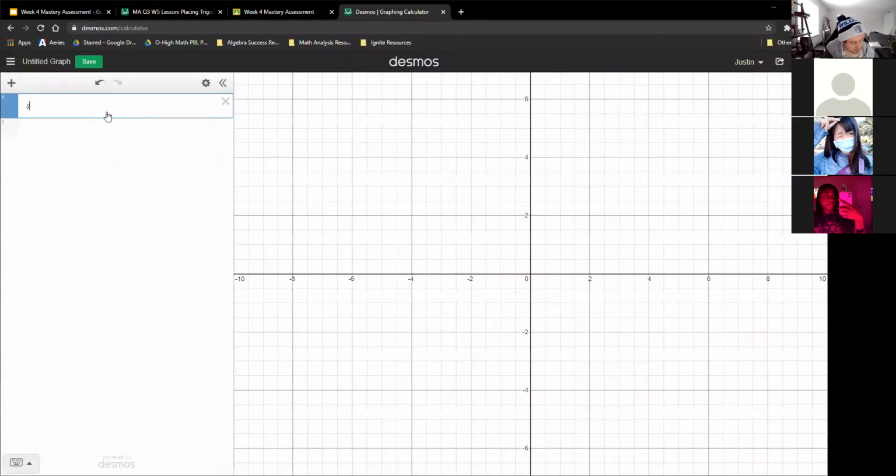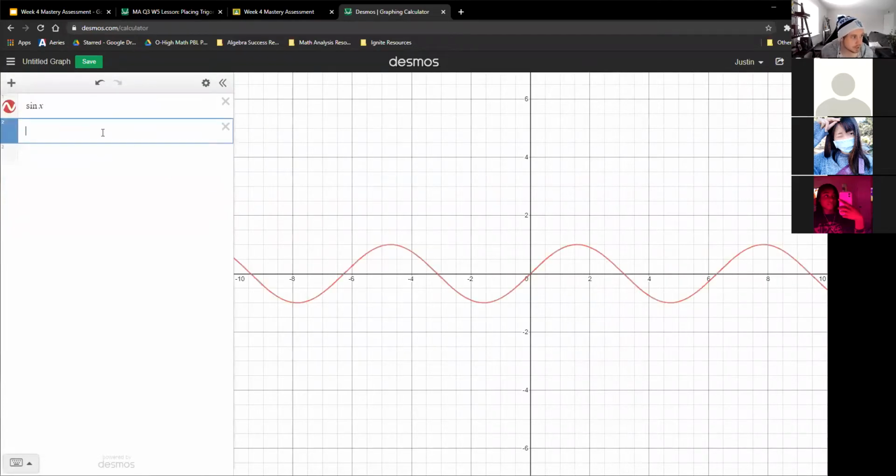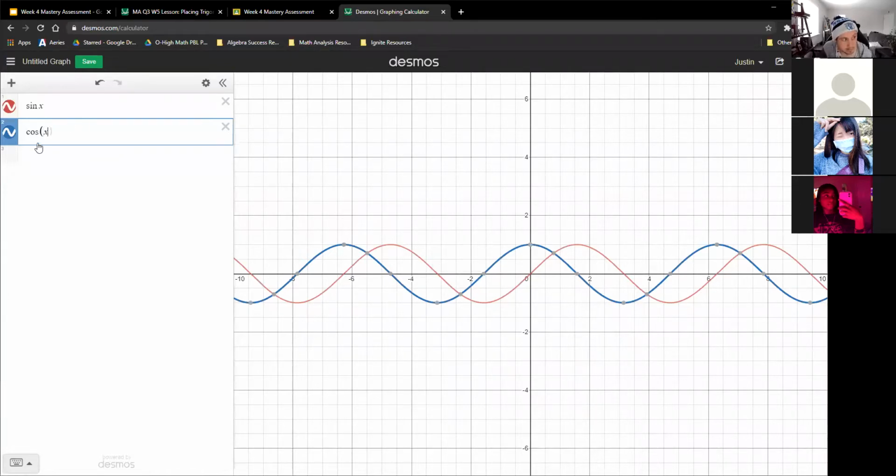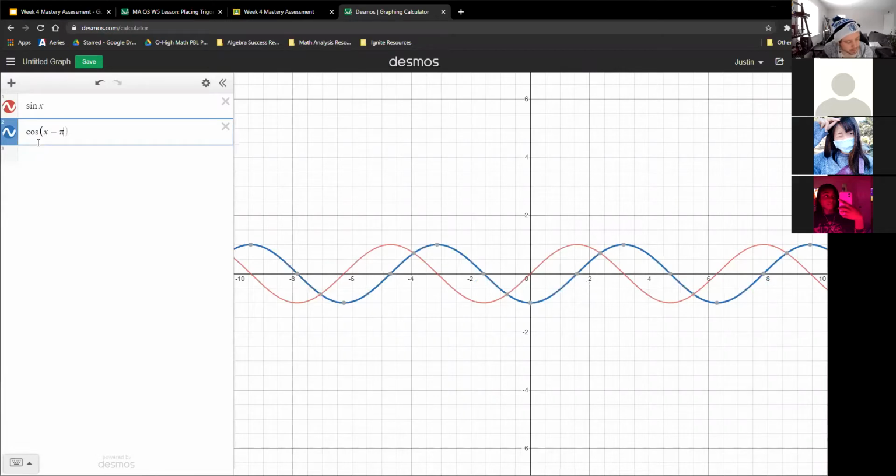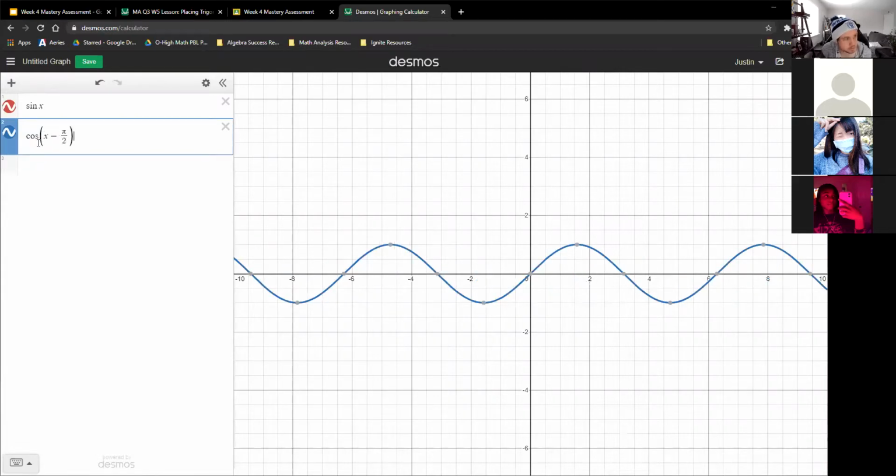If I have sine of x and then I have cosine of x, you can see that cosine, its midline is at negative pi over 2. So if I make this instead cosine of x minus pi over 2, check it out. They are now matched up with each other, right? You see how they are the exact same graph?